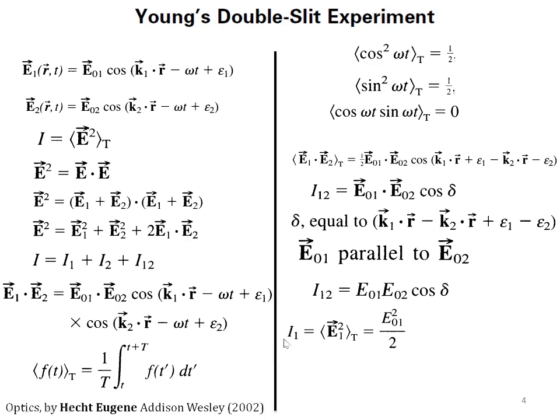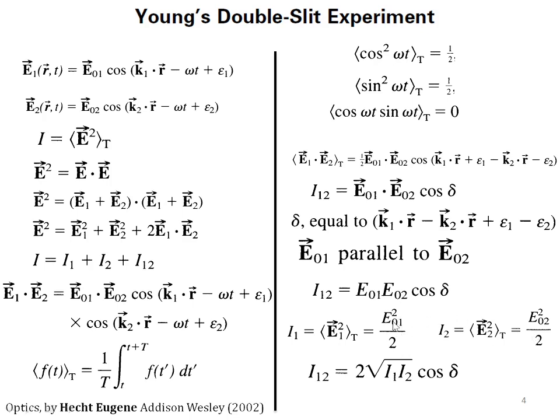Similarly, I1 will be E01 squared upon 2, this factor of half coming because of the cos squared factor when we take the product of E1 with itself. So you will be finding E01 squared, cos squared, and the time average of this is going to be half.